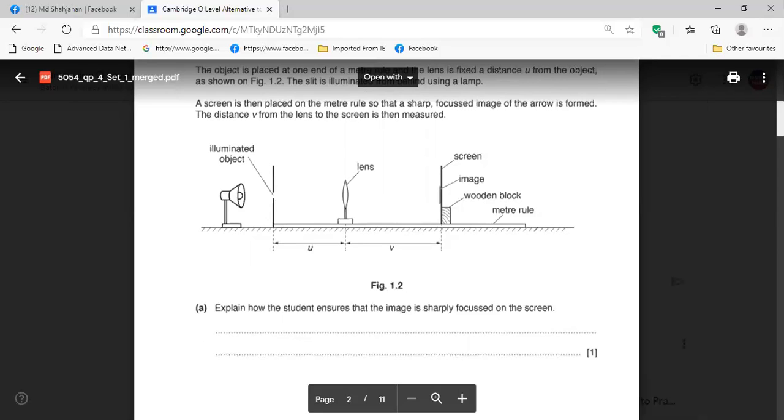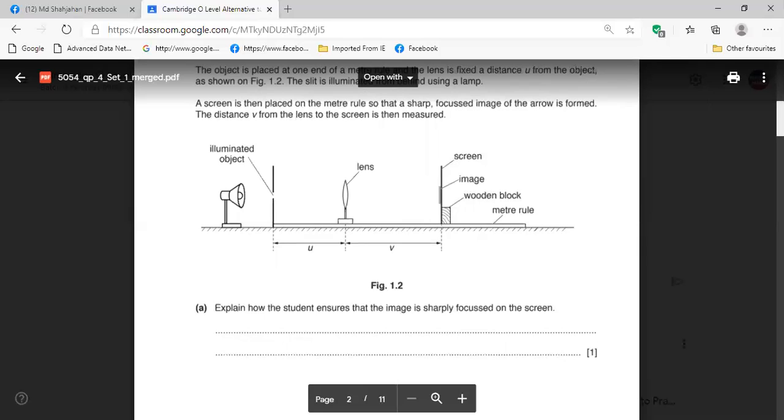In our O level, we have three positions of the object. For these three positions, we are getting the image in three ways. The first position is the object is outside the double of focal length.